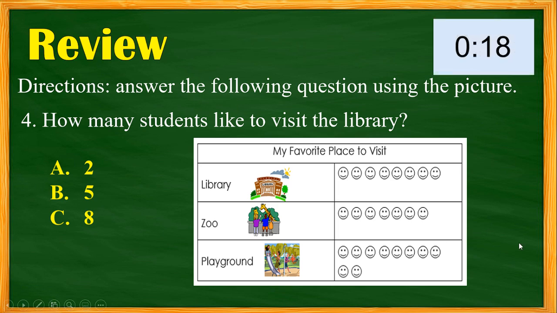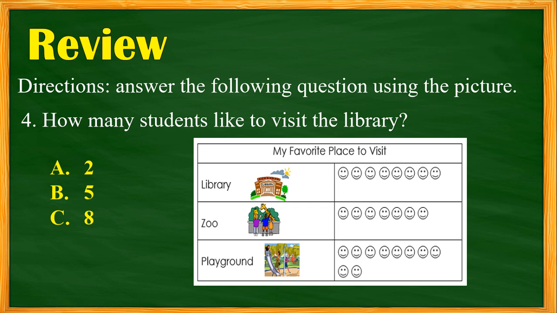The favorite places to visit of students are library, zoo, and playground. So how many students like to visit the library? Is it letter A, B, or C? Okay, let's reveal the answer. The answer is letter C. This should be 8. So 1, 2, 3, 4, 5, 6, 7, 8.